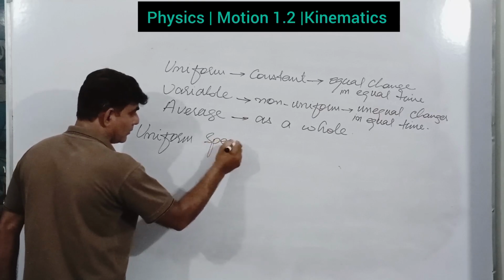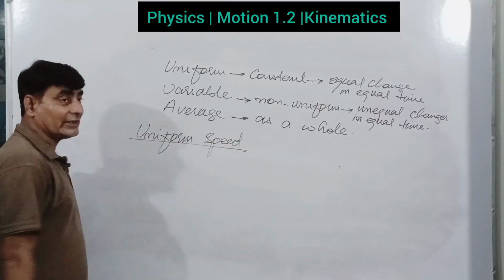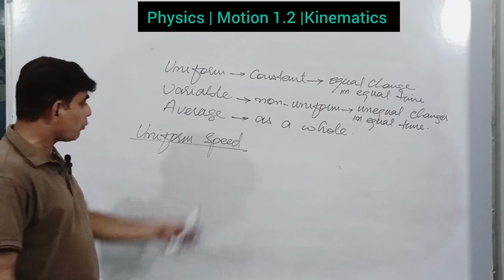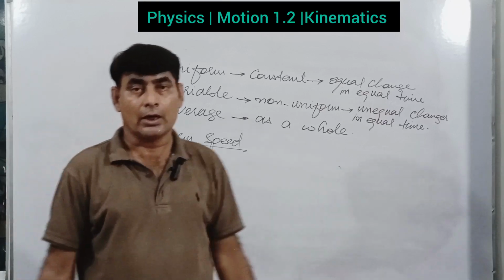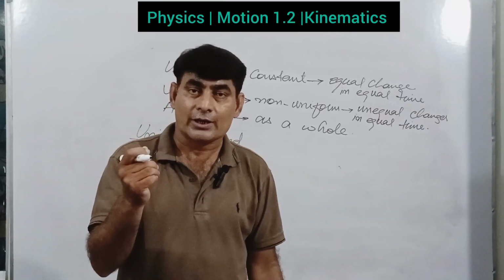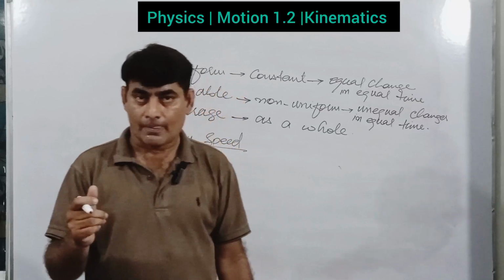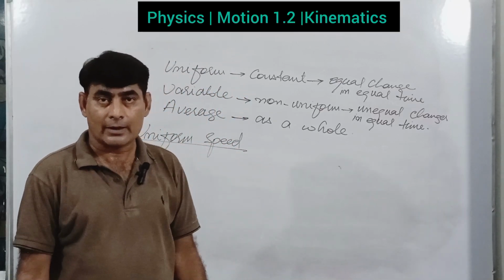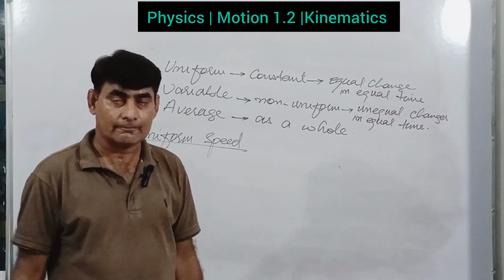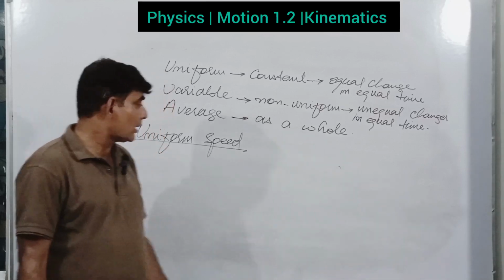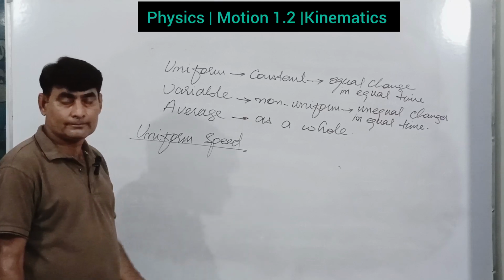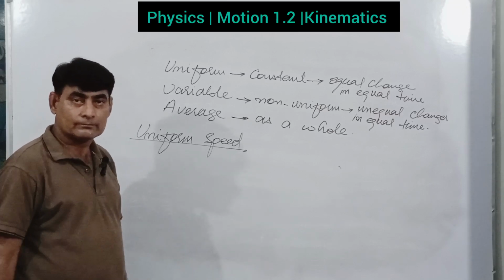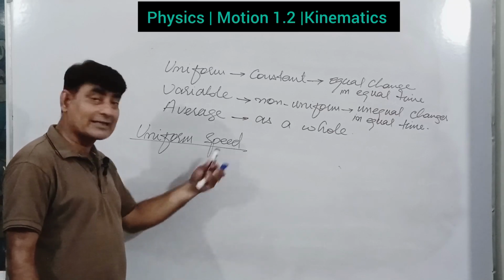We have to define uniform speed. What is the speed? Change in position in any direction in an interval of time. So the change in position in given time in any direction, it is the speed.